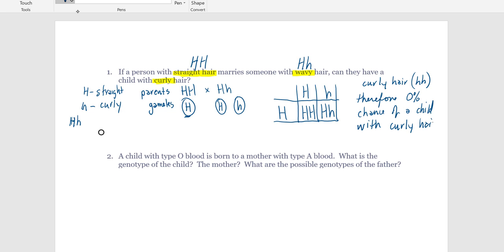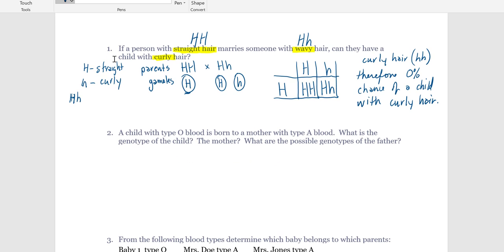Now, hair is an interesting thing, and I mean, these are simplified problems. We talked about color the other day. There's lots of things that influence hair color. I think there's a lot of environmental factors, hormones, lots of stuff going on. Interesting things there. But for this simplified question, that's how it looks.